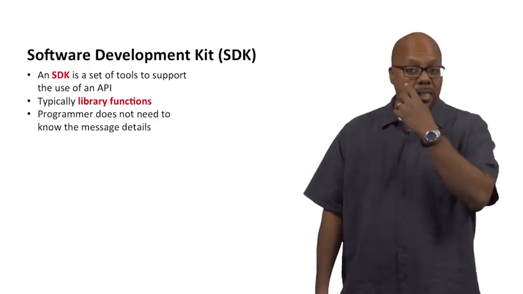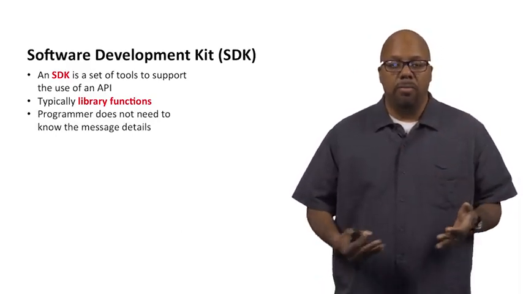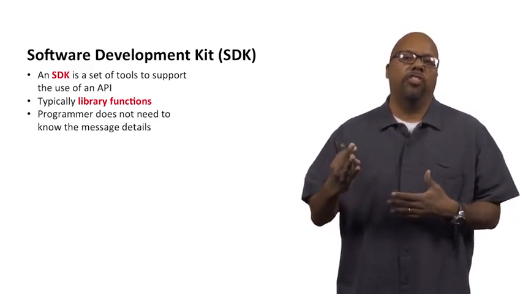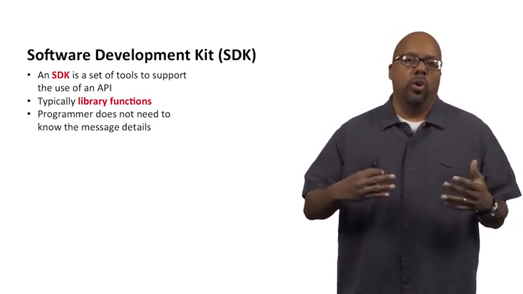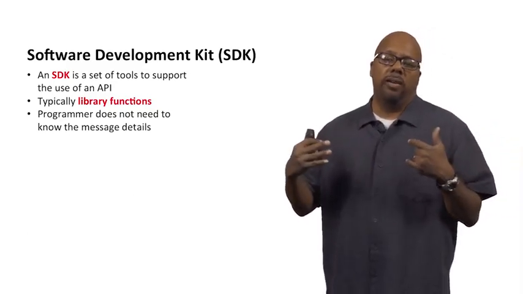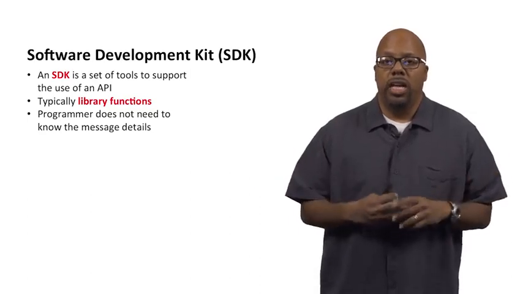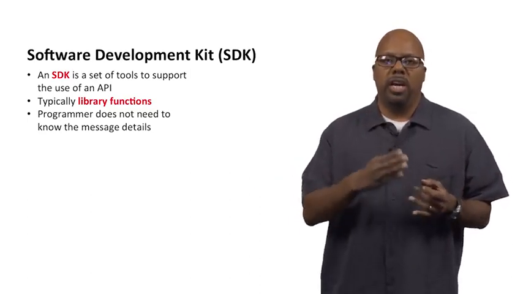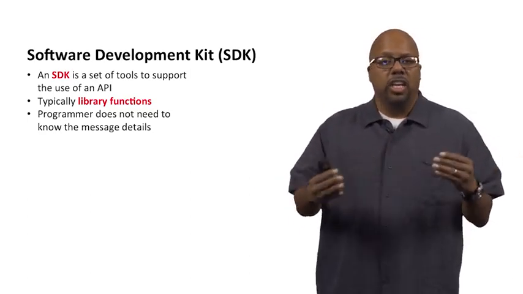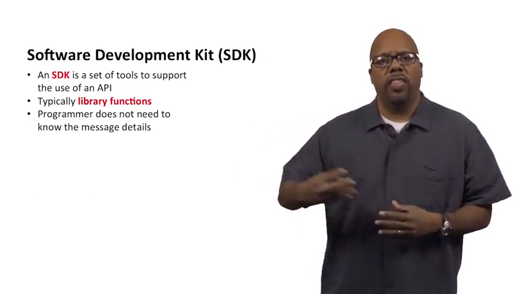So what that means is that the programmer doesn't need to know the details of the API because the SDK acts as an interface for him or her. So for instance, if you want to send a message to get a map from Google Maps, one way would be to just know the API that I showed in the last slide, and then you create a string that looks like that, and then bam, you send that.